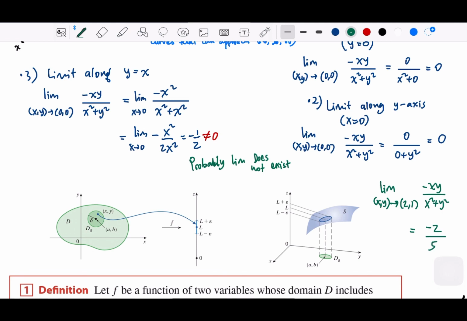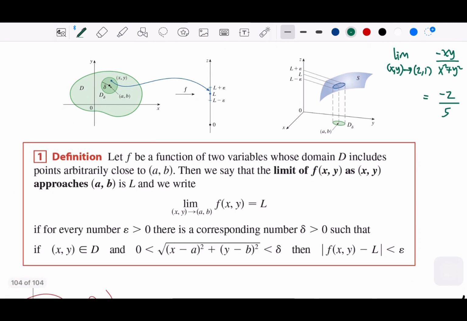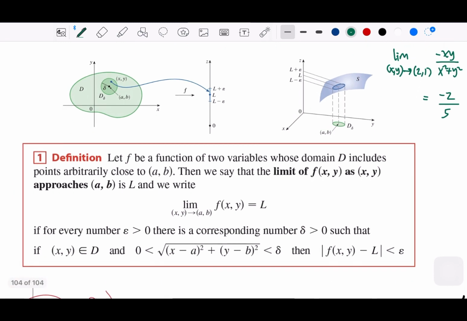So the limit exists if we approach 2, 1. But if we approach 0, we have some problem, right? The limit probably does not exist if we approach 0. So first you can check (a, b). If you get some result L, then I think we can stop and say, okay, the limit exists.